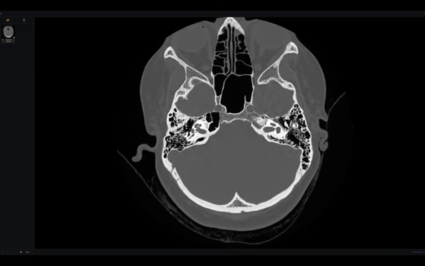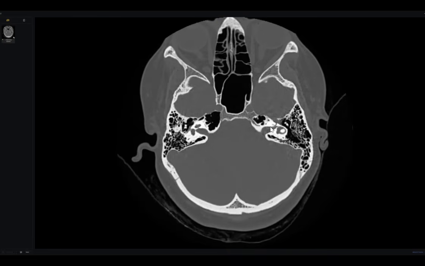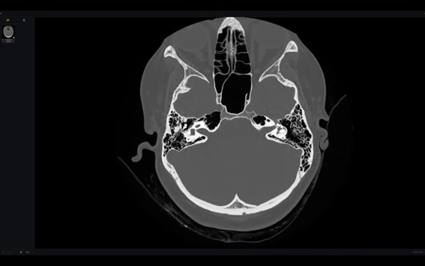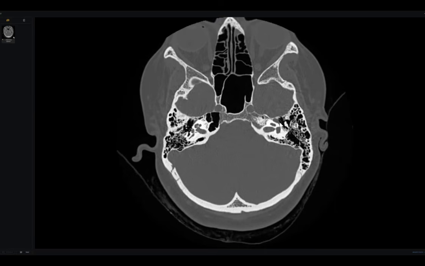This is the ossicle, so this is the middle ear. The facial nerve enters and then comes here for the geniculate canal. All of this is the facial nerve, by the way. It runs along the medial wall.